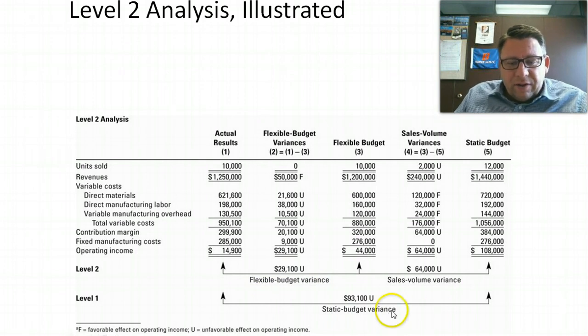Okay, so the 93,100 unfavorable variance, we know 64,000 of that was caused by our sales volume, and 29,100 was caused by unexpected changes in our revenue per unit and cost per unit.